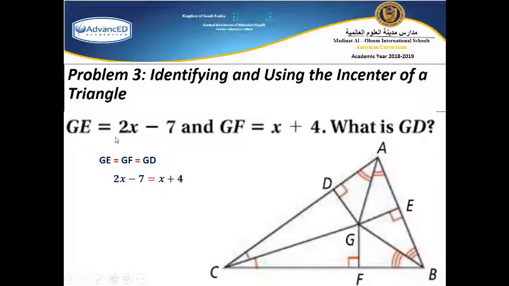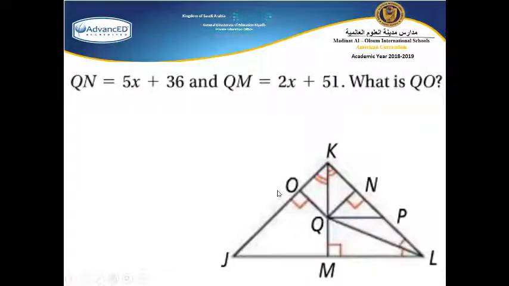By solving this equation, we get x equals 11. Let's substitute in any equation, because all of them are the same. Then GF equals x plus 4, or 11 plus 4 equals 15. Then the length of GD, the same as GE, the same as GF, equals 15.